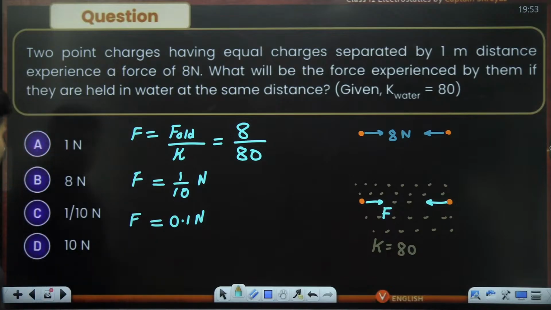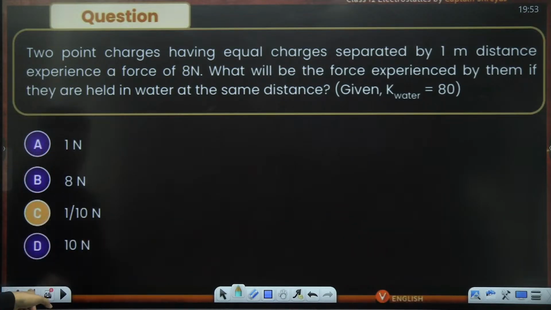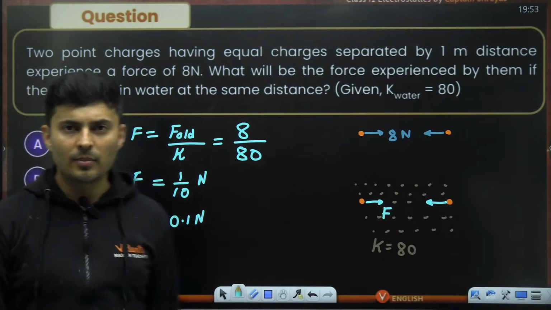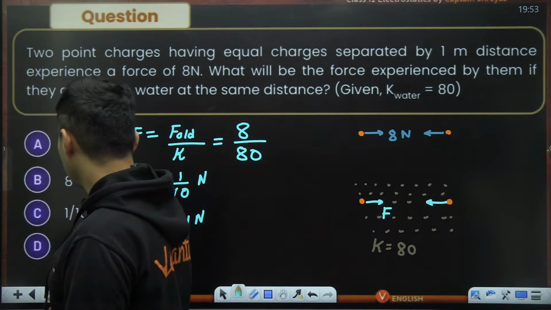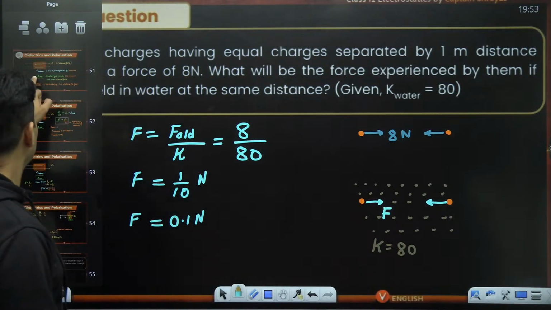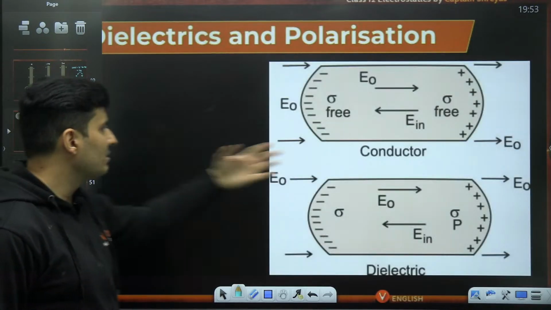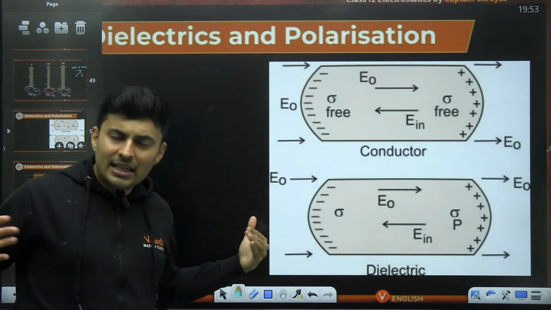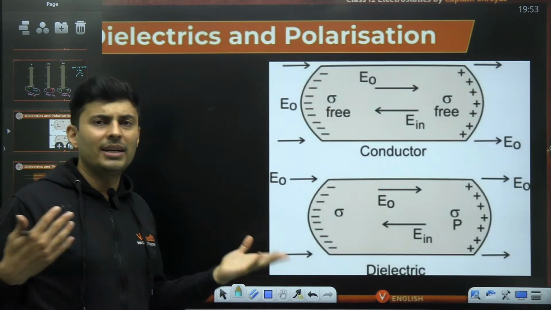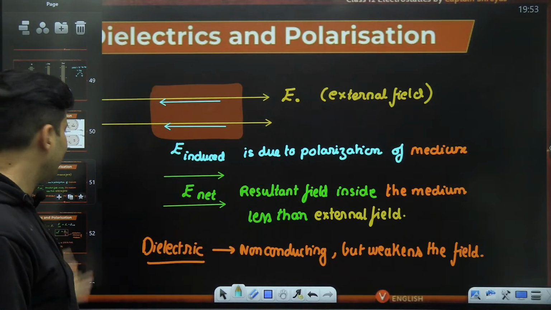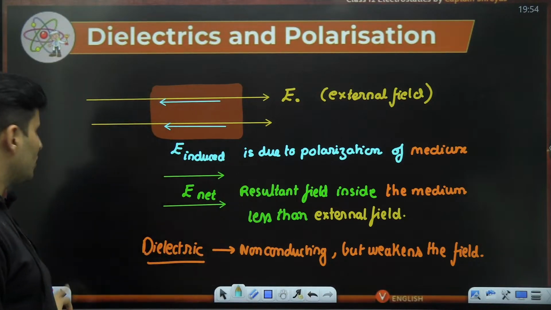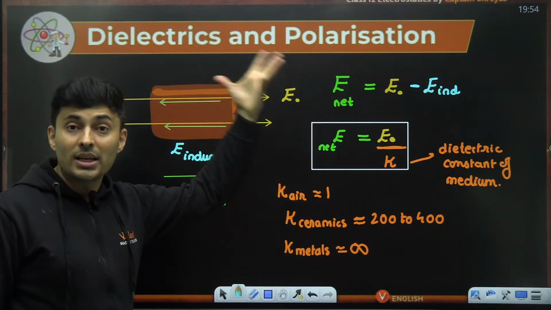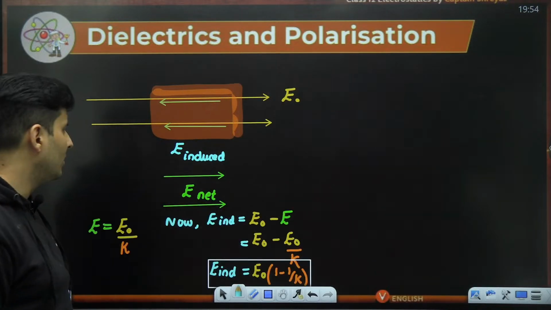So that is the new force, 1 by 10th of a Newton. Is this clear, my dear students? How did the force reduce? This is purely because dipoles were formed inside and they started opposing the external field, and polarization occurred, because of which the field strength reduced. So the new field is the original field by K, K being the constant of the medium.